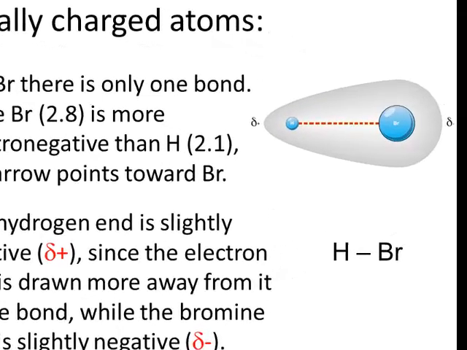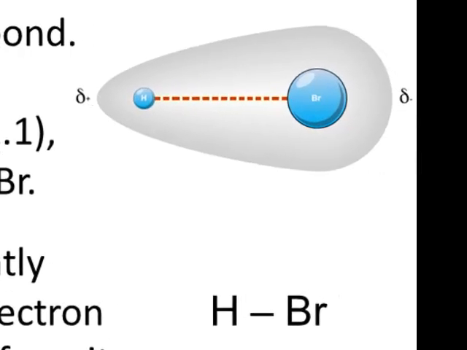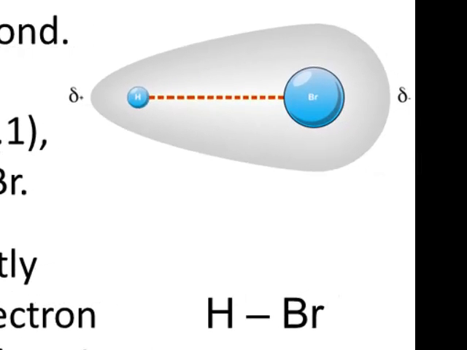Now, if we consider HBr, pictured on the right here twice, in hydrogen bromide, there's only one bond. Since bromine has an electronegativity value of 2.8 and is more electronegative than hydrogen with a value of 2.1, we would draw an arrow that points towards bromine.